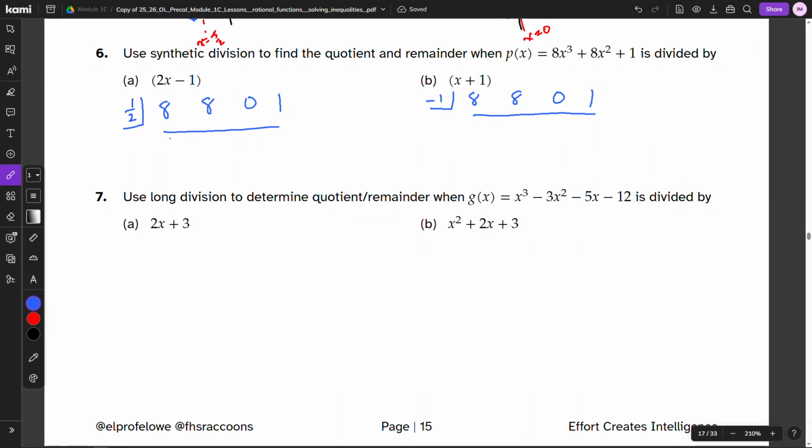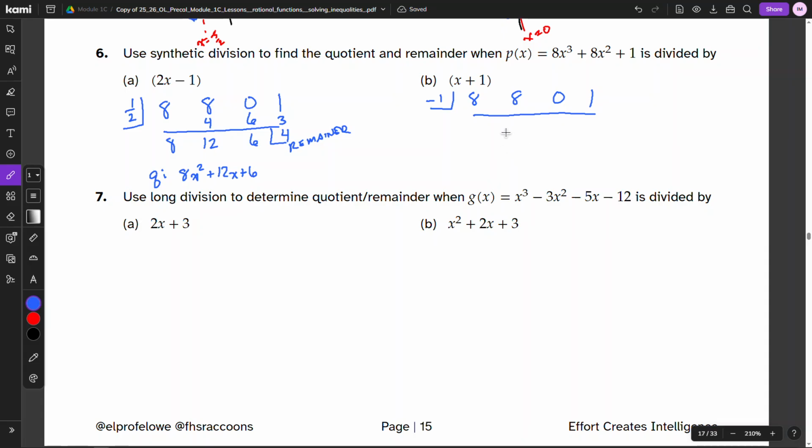All right, so bring down my 8, multiply, that's 4, add, that's 12, multiply, that's 6, add, that is 6, and once again, 3 and 4. So we know that 4 is the remainder, and the quotient is going to be 8x squared plus 12x plus 6.